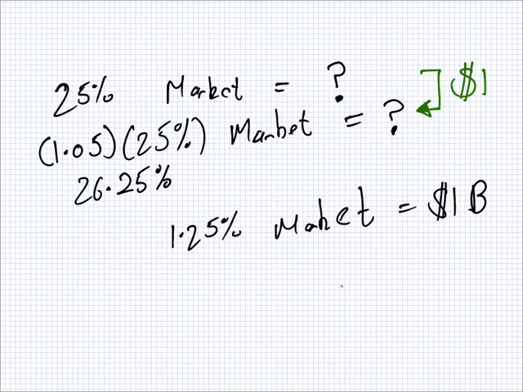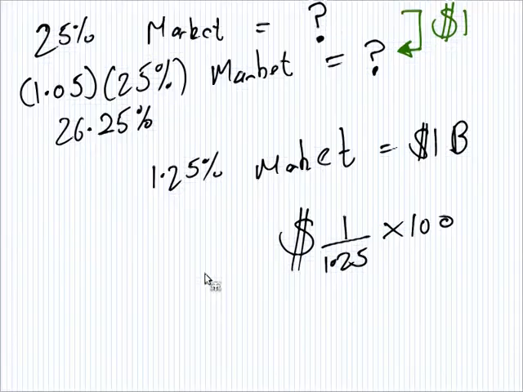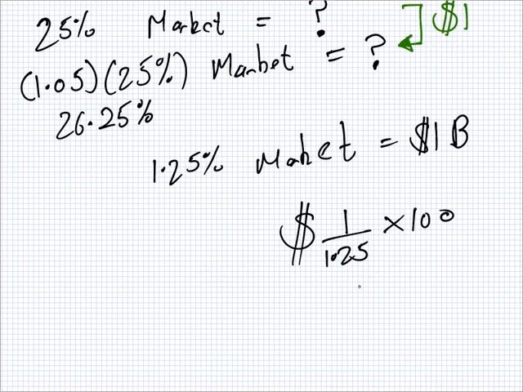So then the answer will be 1 divided by 1.25, multiplied by 100, because this gives us 1% of the market. So what is that number when you multiply it out? 80, is it? Yeah. So the answer here is 80 billion.